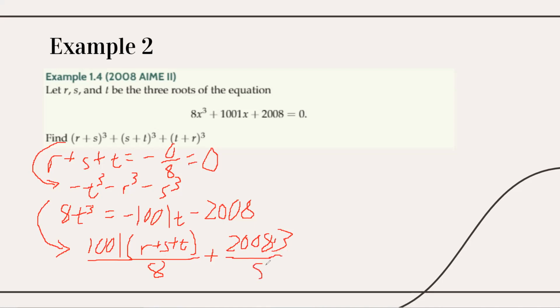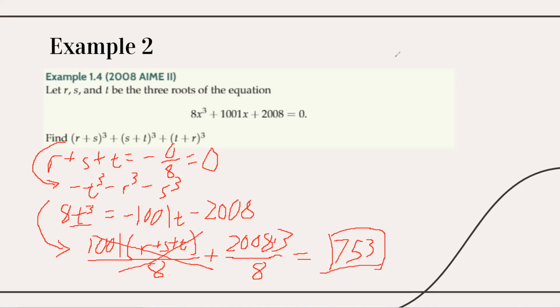Right, so I skipped a bit of algebra here, but basically the idea is we just substitute in this expression for t cubed into our negative t cubed minus r cubed minus s cubed expression and do the same for r and s. But we know that r plus s plus t is 0, right? So this first term basically just goes away, and all we're left with is just 2008 times 3 over 8. And that is just going to be equal to 753. So that is our final answer.